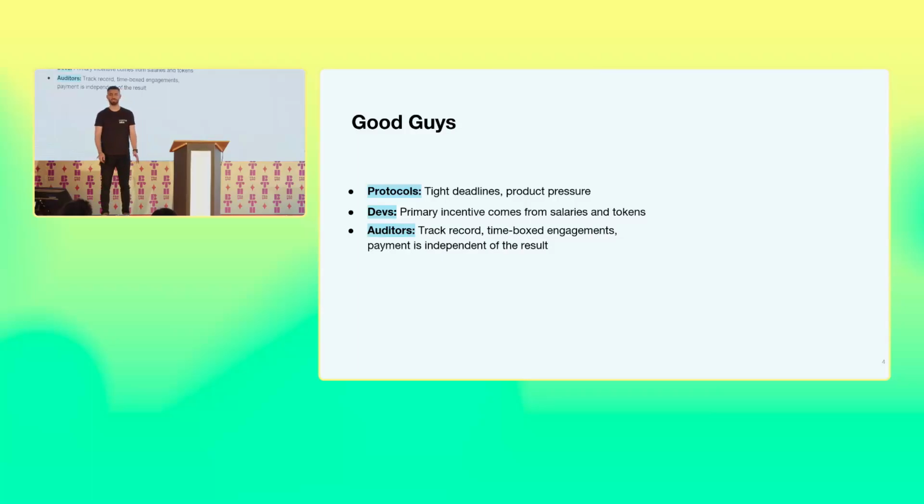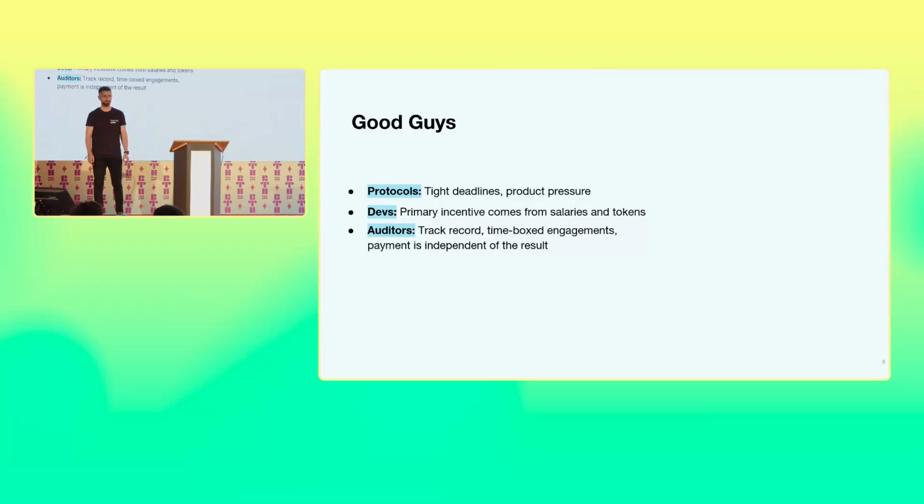Once the features are done and you push your code to a repo, you hand off your project to an audit company, or in some cases, independent auditors. And you need to find a good audit company, and this is a really hard problem, because the only metric that we have is the track record of the audit companies. And obviously, past success doesn't guarantee future success.